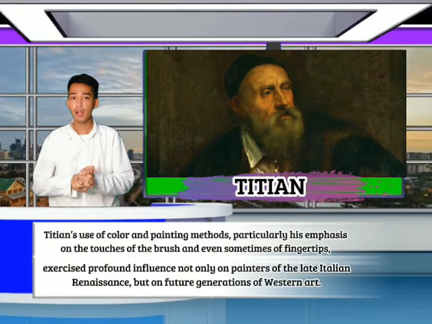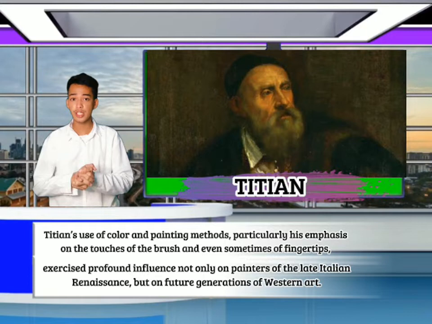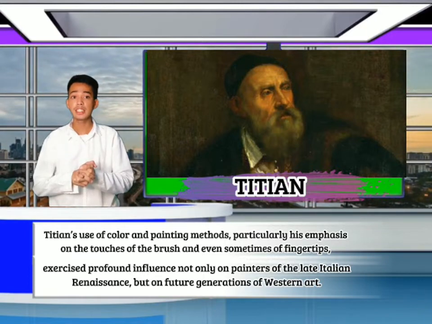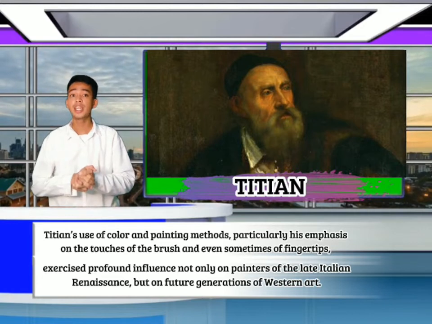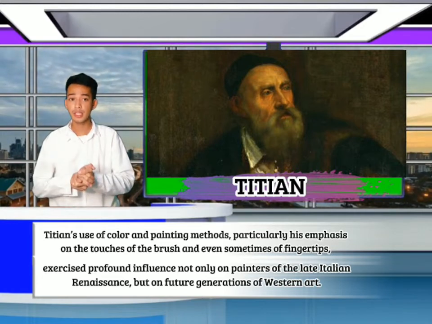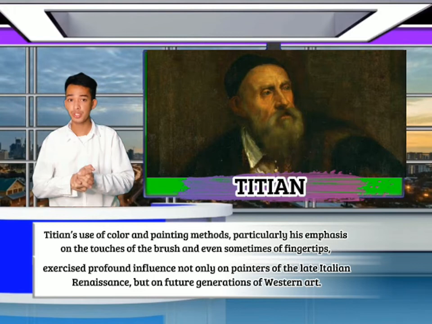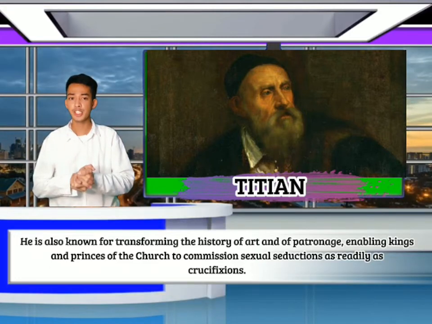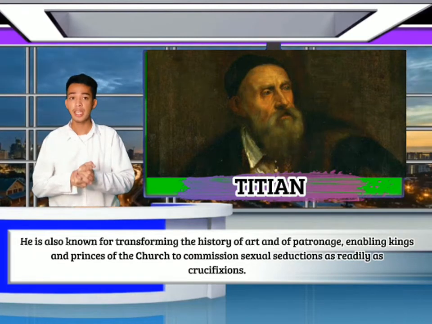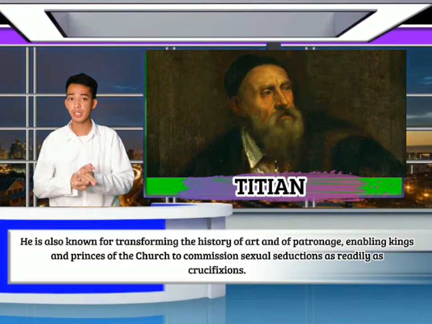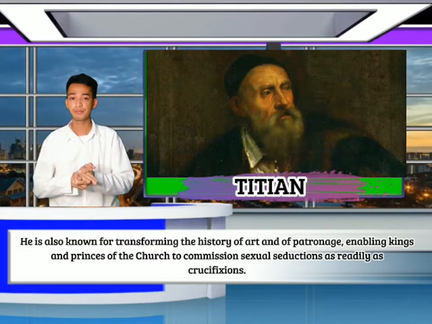Titian's use of color and painting methods, particularly his emphasis on the touches of the brush and even sometimes of fingertips, exercised profound influence not only on painters of the late Italian Renaissance but on future generations of Western art. He is also known for transforming the history of art and patronage, enabling kings and princes of the church to commission sexual seductions as readily as crucifixions.